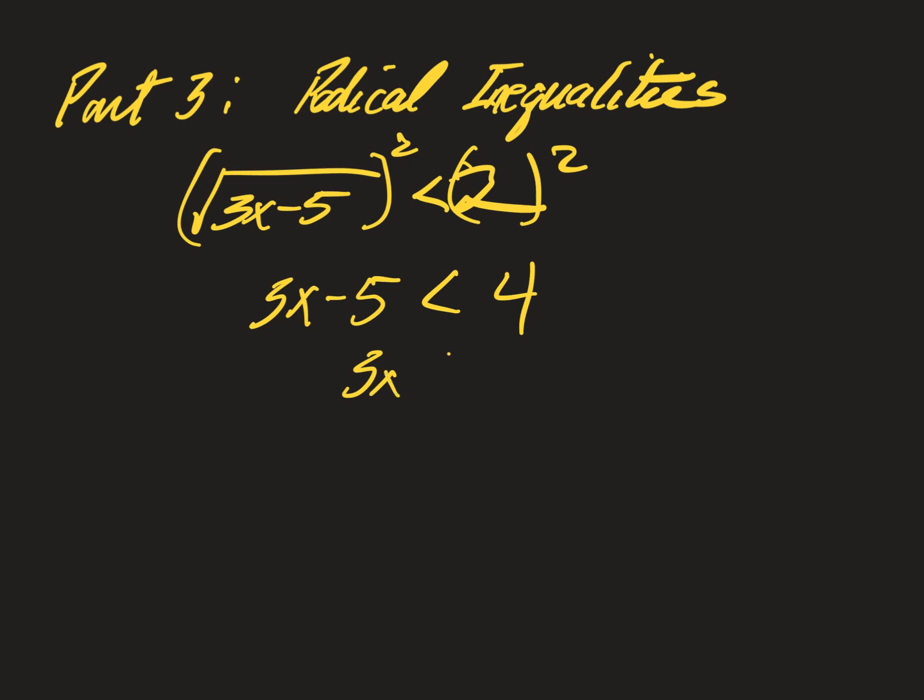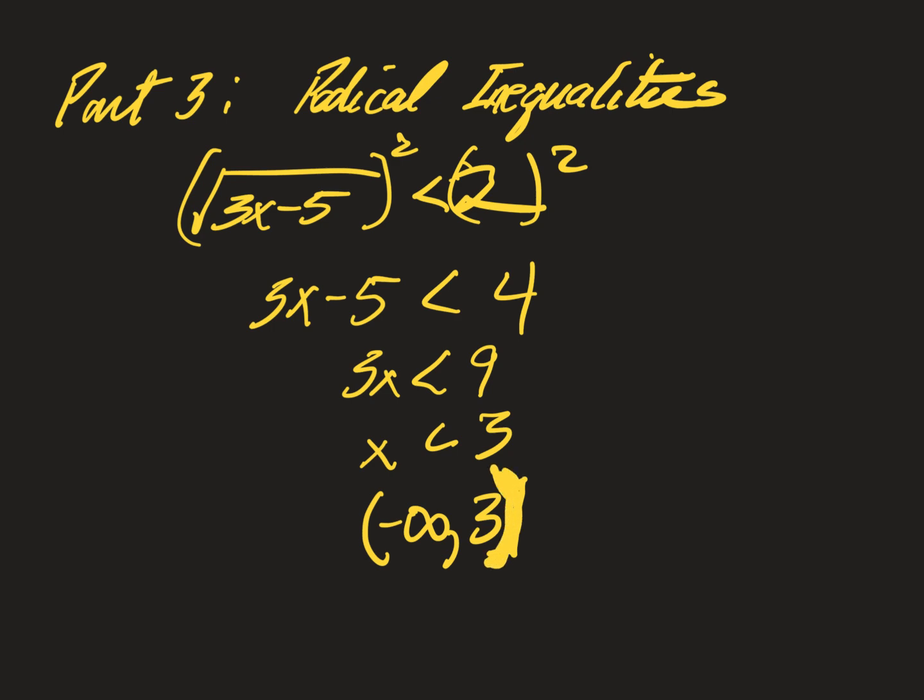Since it's linear now, we solve like a linear, which means isolate the x. So add 5, 3x is less than 9. Divide by 3 and get x is less than 3, which in interval notation is -infinity to 3. Not a bracket, a parenthesis there.